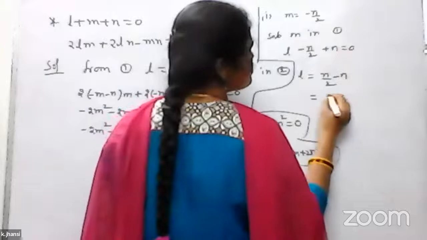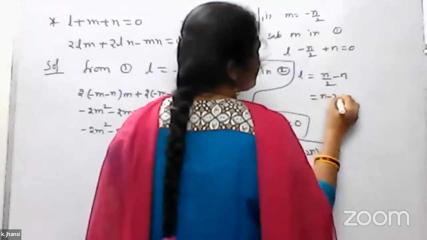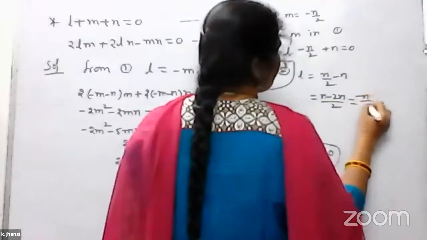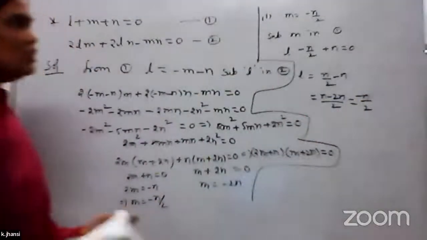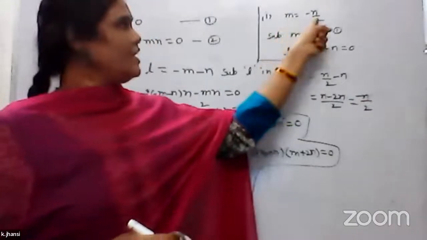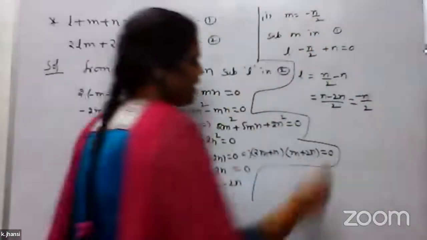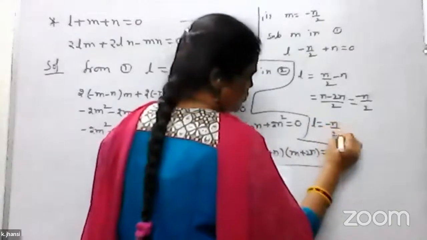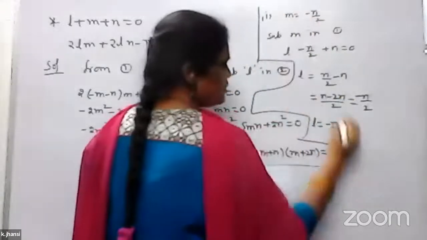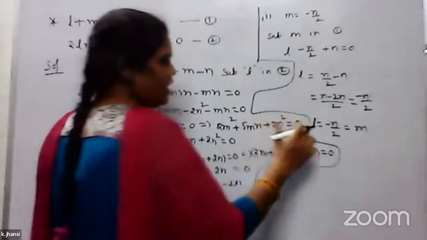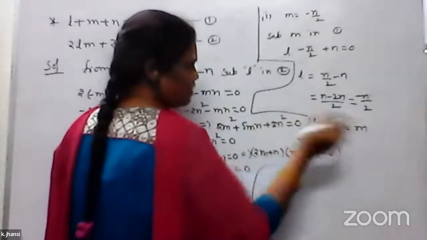So it is equals to n minus 2n by 2, that is minus n by 2. But what is minus n by 2 from case 1? It is the m value. So you can write L is equals to minus n by 2, but this minus n by 2 is equals to m. So we got the relation now: L equals to m equals to minus n by 2.